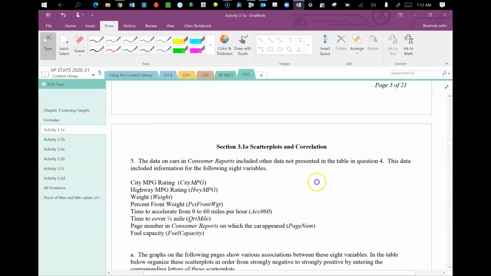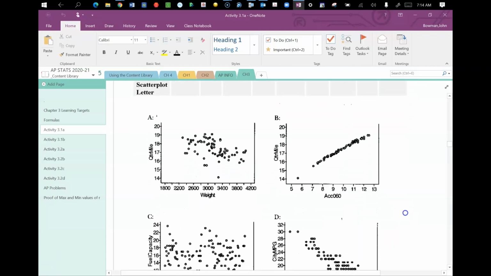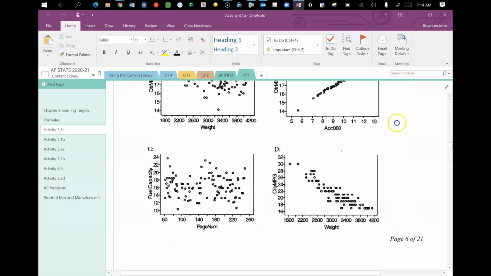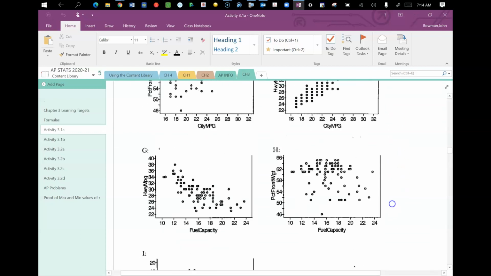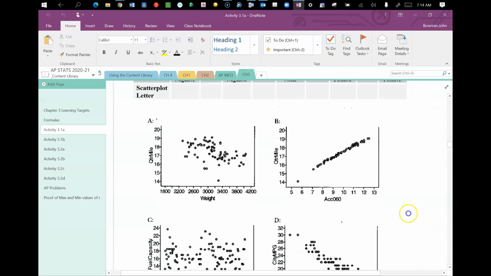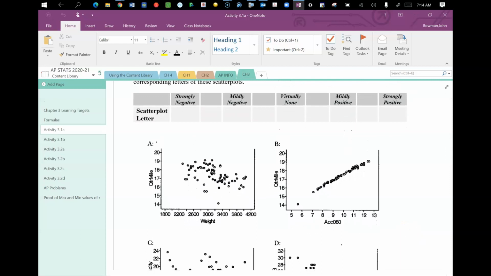We have the following scatter plots: A, B, C, D, E, F, G, H, and I. And what I would like you to do is pause the video and take a moment and rank them in order from most strongly negative association to most strongly positive.